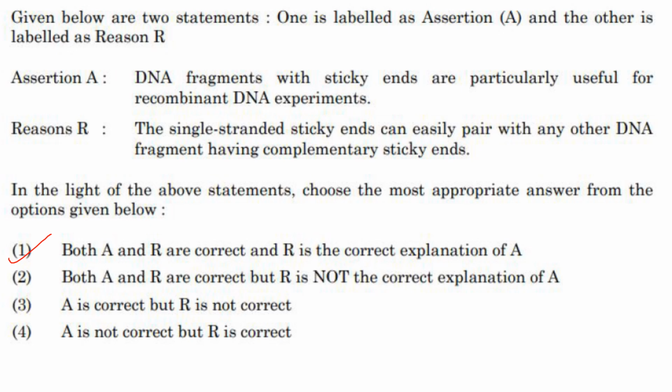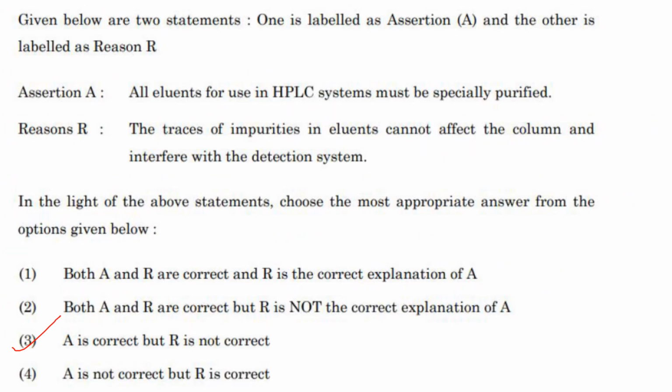Now, if your gene of insert is also having a complementary sticky end, then you can join the gene of insert to the vector DNA, which is also having the complementary sticky ends to the gene of interest, and you can clone them. So both A and R are correct and R is the correct explanation of A. Answer is option 1.